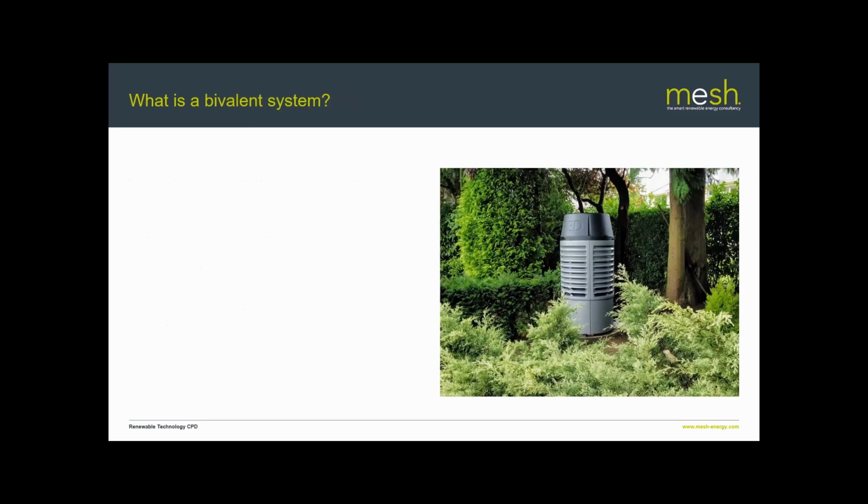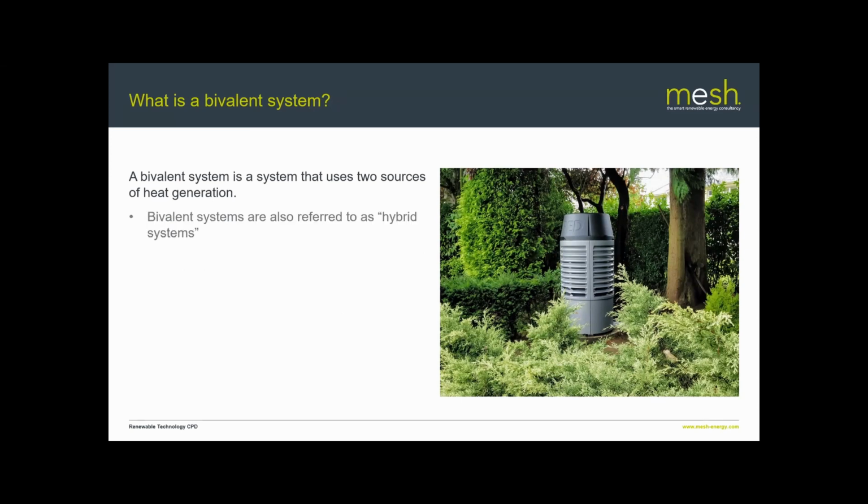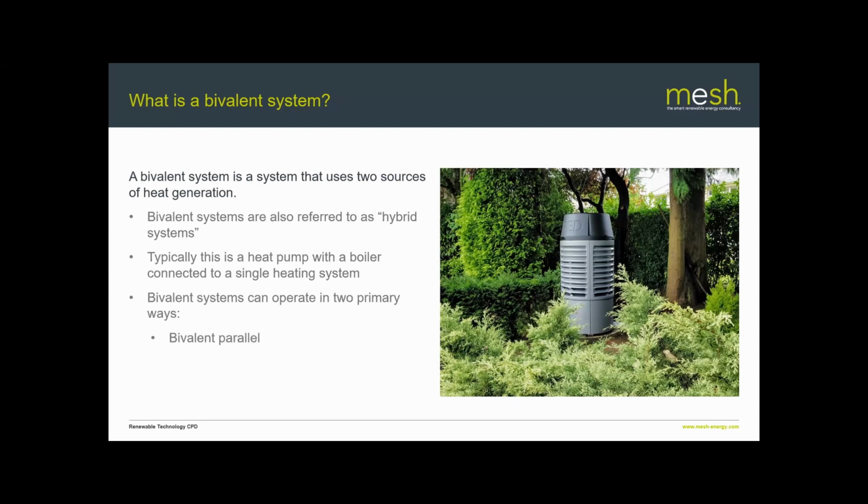So what's a bivalent system then? Well, a bivalent system is quite simply a system that uses two sources of heat generation. Within that, it can be divided down into two primary categories. The primary heat source, which is the heat pump, is paired with a secondary heat source, which is often a boiler, but it can be operated either as what we call bivalent parallel or bivalent alternative.